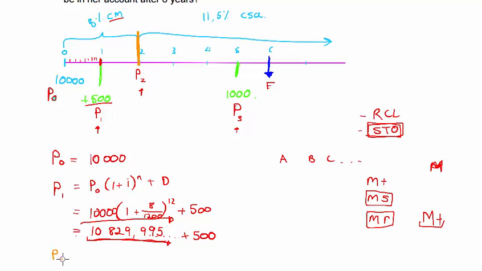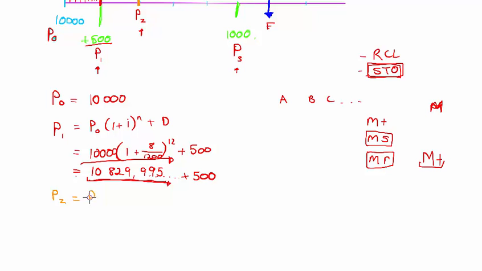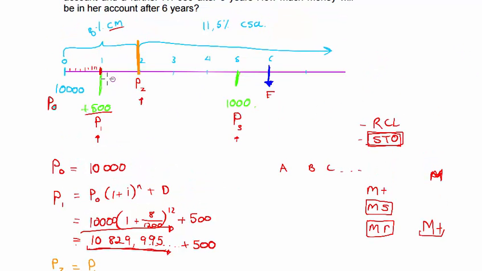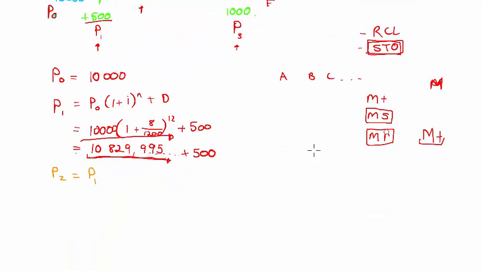So P2 is equal to what? It's obviously equal to P1, because I've already gotten the new value. I'll use my new value for that time period. So this one doesn't have any additional pluses at the end because there's no deposit or thing being subtracted.